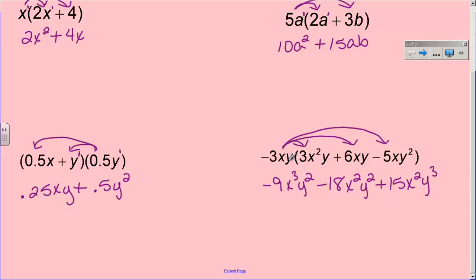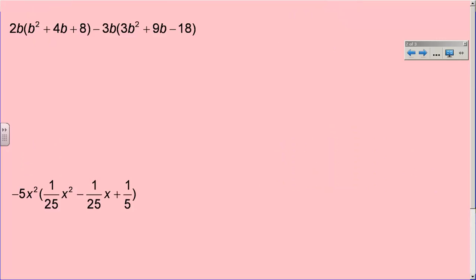All you have to do is multiply your coefficients and then keep up with exponents on your individual bases. Let's do just a few more. This one combines what we're doing today with what we did yesterday, because you see you have this minus sign in between the two, and when I'm all done I'm going to have like terms that will have to be combined. But let's just take it half at a time.